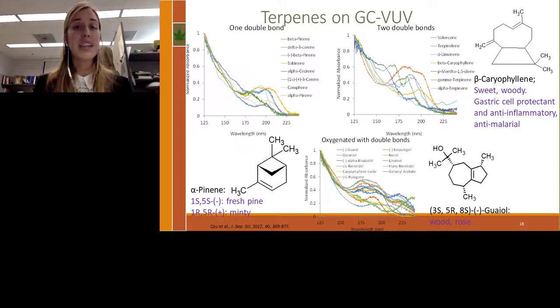So you can see how similar they are based on having only one double bond, or having two double bonds, or being oxygenated with double bonds. So even if the structure of the terpenes is not exactly known, by just having a quick glance at their absorbance spectrum, we can already identify in what type of class they are going to fall.